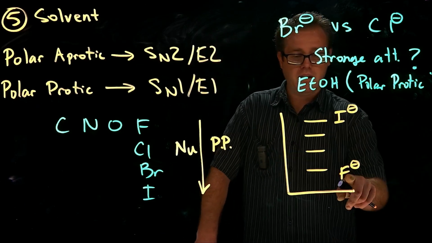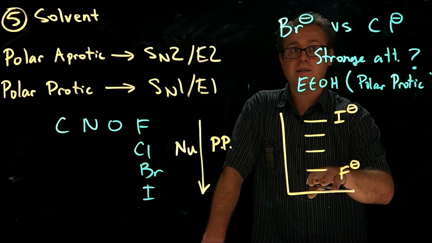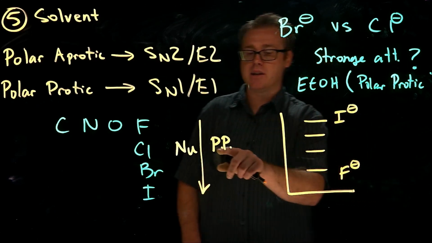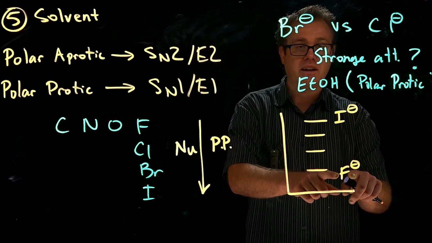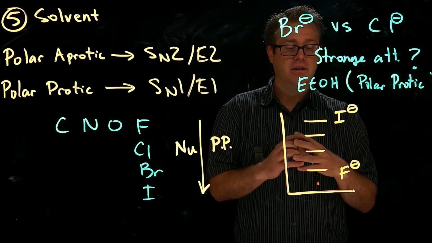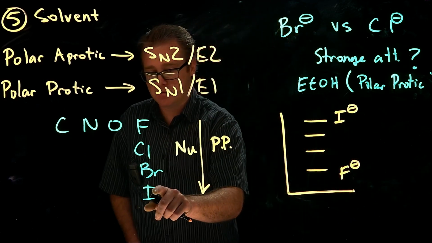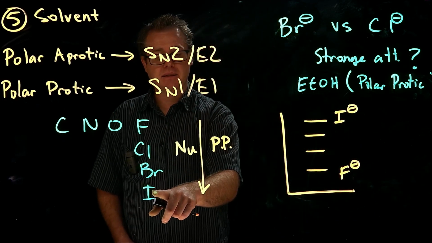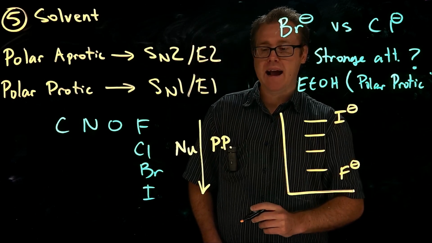The fluoride is going to be lower in energy, more stable. Why? Because we're in polar protic solvents. The smaller atom is going to be solvated more strongly, and that stabilizes it. And so the larger atom is solvated less, making it higher in energy, hence more reactive.